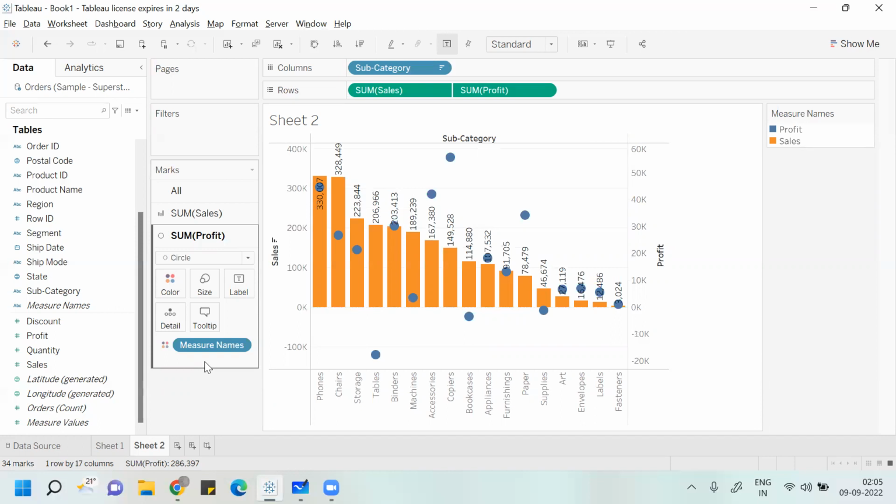So you can see the sales on the left-hand side, profit on the right-hand side, and inside that, the bar diagram, the bar representation, what you see are your revenues, while the blue dotted representation is the profit for the company. You can compare your profit and revenue.